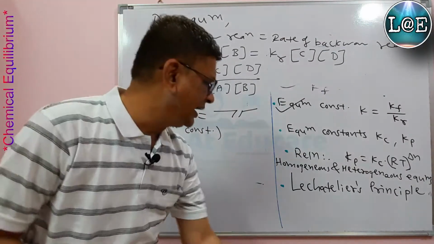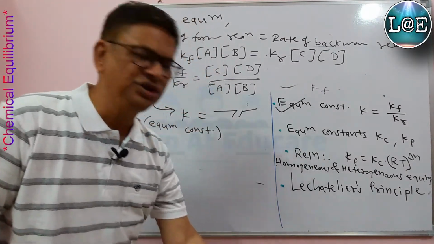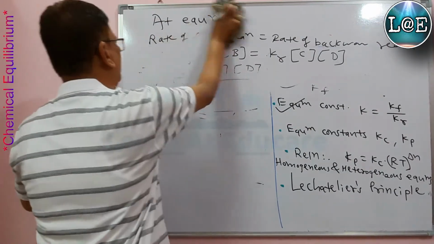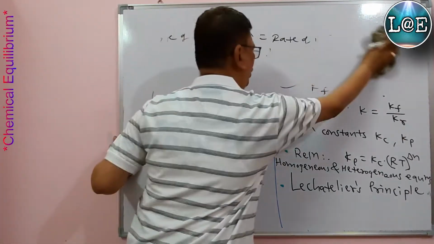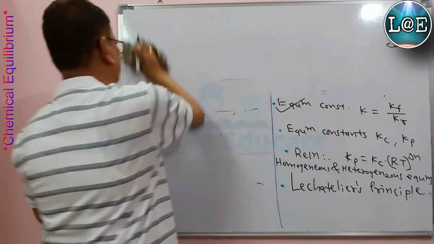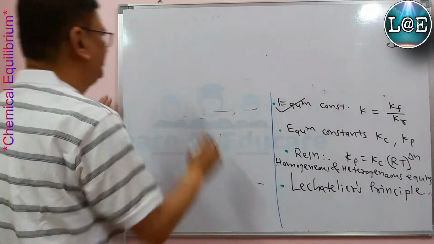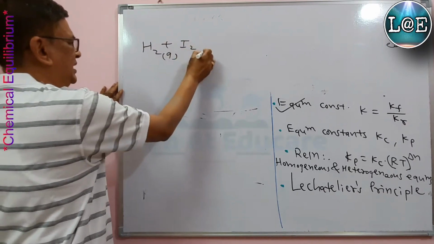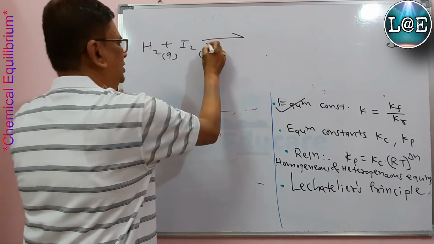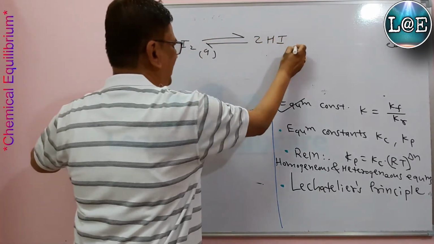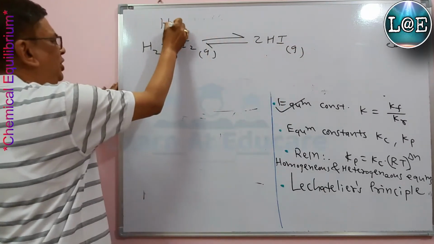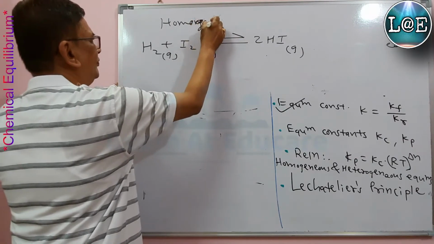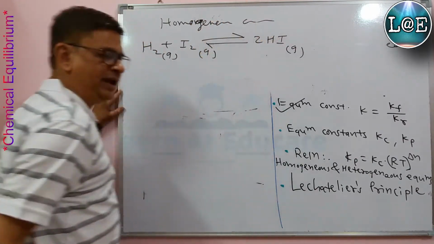Remember, there are homogeneous and heterogeneous reactions which we are considering. In homogeneous reactions, all reactants and products are in the same state. Example: H2 gaseous plus I2 gaseous gives reversibly 2HI gas. This is an example of a homogeneous reversible reaction.